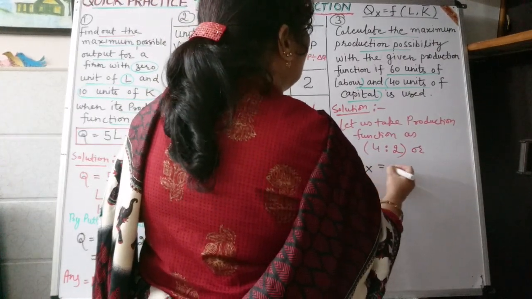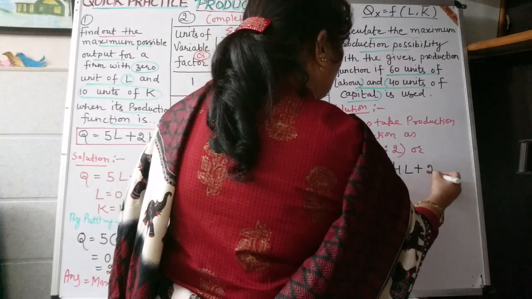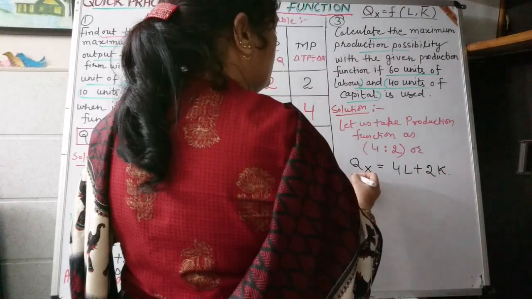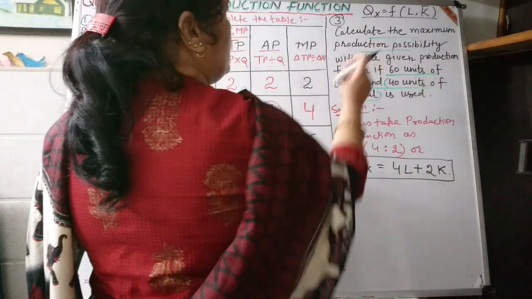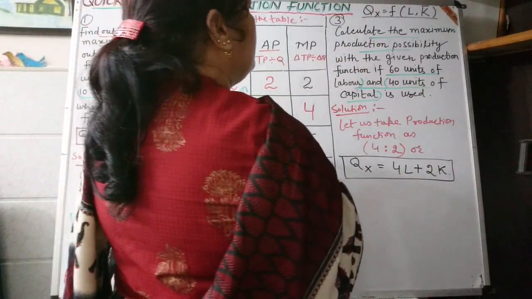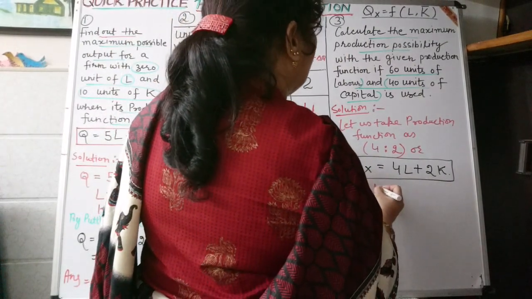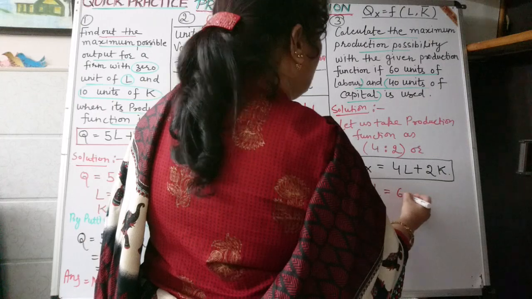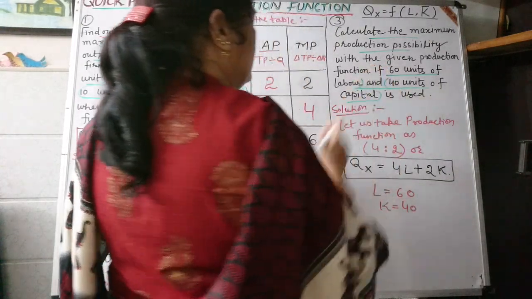Qx is equal to 4L plus 2K. Suppose that this is the production function which we are using in our statement. Here the value of labor L is equal to 60 and K is equal to 40, as given in the statement.